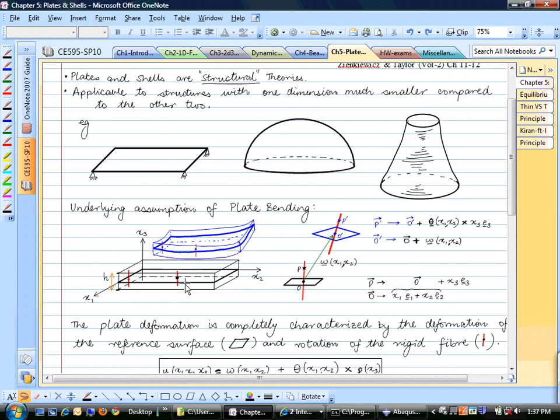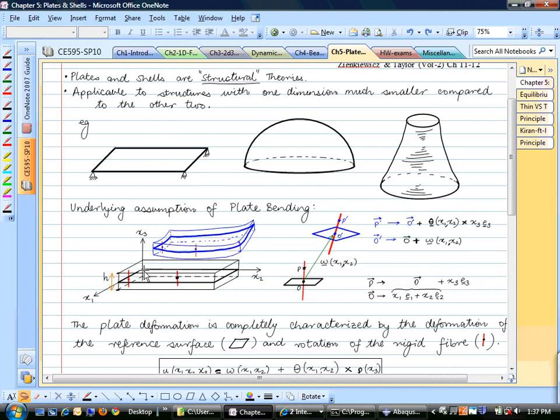Let's say you have this type of a plate. It has a thickness h, and we will consider the centroidal surface of this plate, and we are going to consider these small needle-like things that stick out from the centroidal surface.